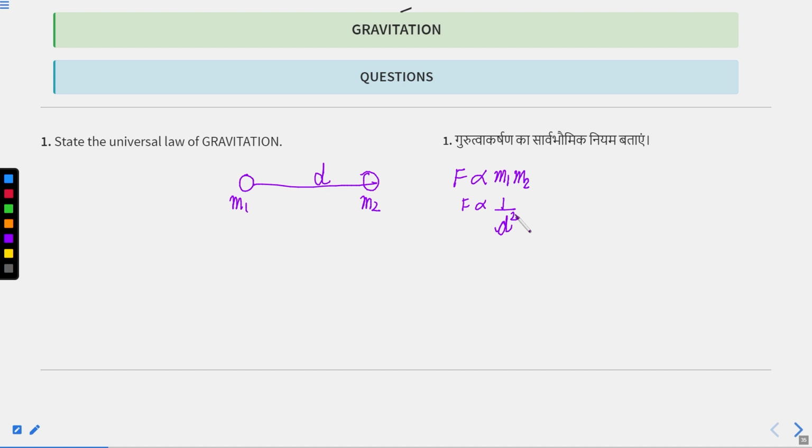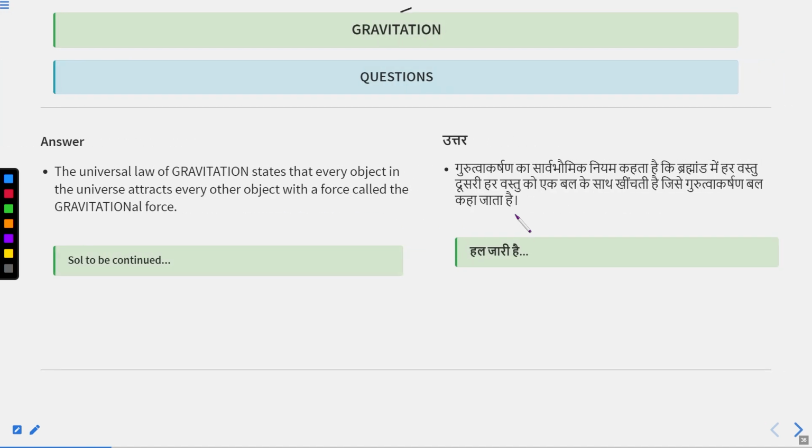I hope this is clear to you. Now let's see its detailed solution. The universal law of gravitation states that every object in the universe attracts every other object with a force called gravitational force. All the objects in the universe attract each other by a force known as gravitational force.